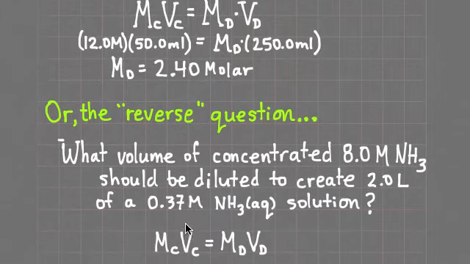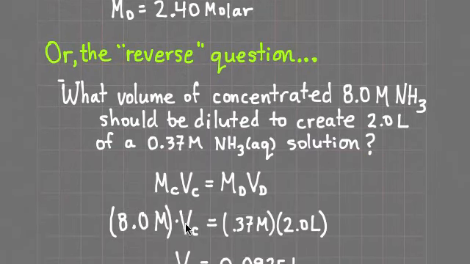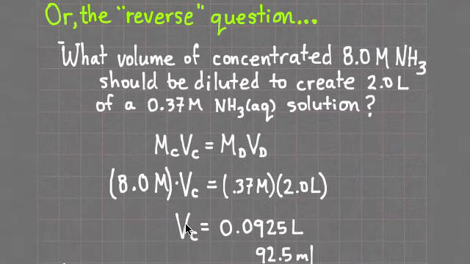Or the reverse question, what volume of concentrated 8 molar should be diluted to 2 liters to make a 0.37 molar ammonia solution? These questions are always weird. You have to read them like 3 times to figure out what they're asking. But one thing that helps is if you have the word "of" in between a molarity and a liters, which you often will.